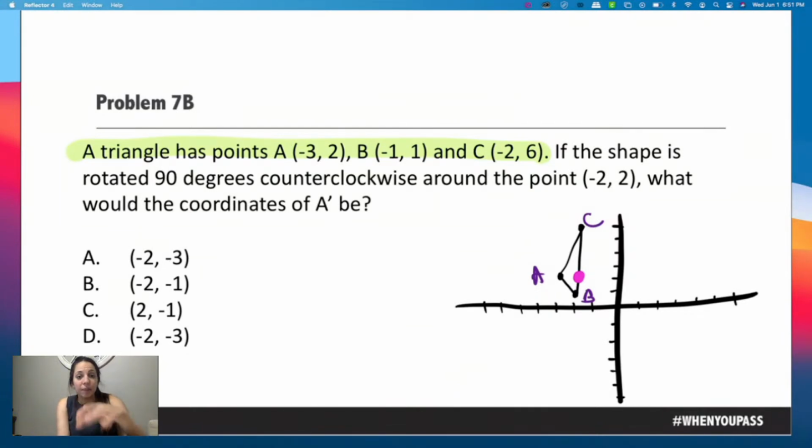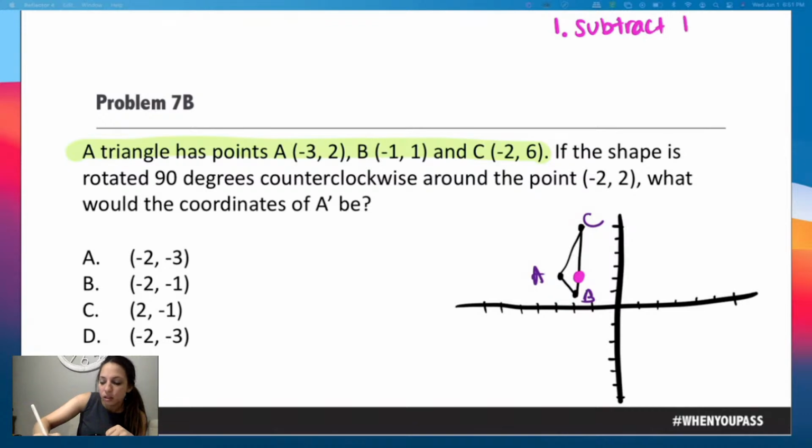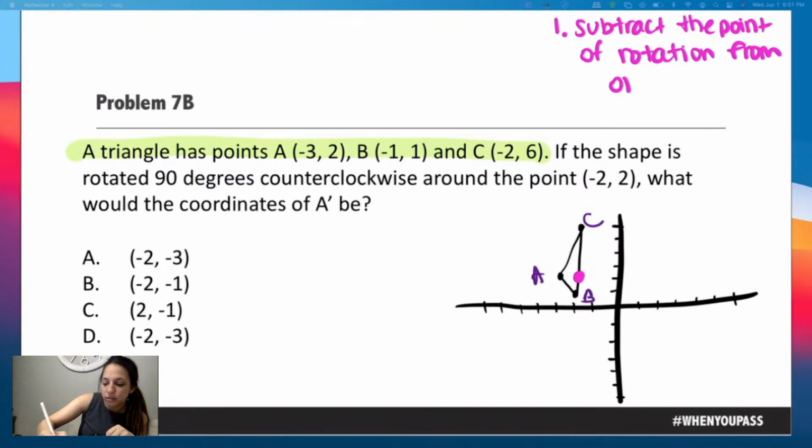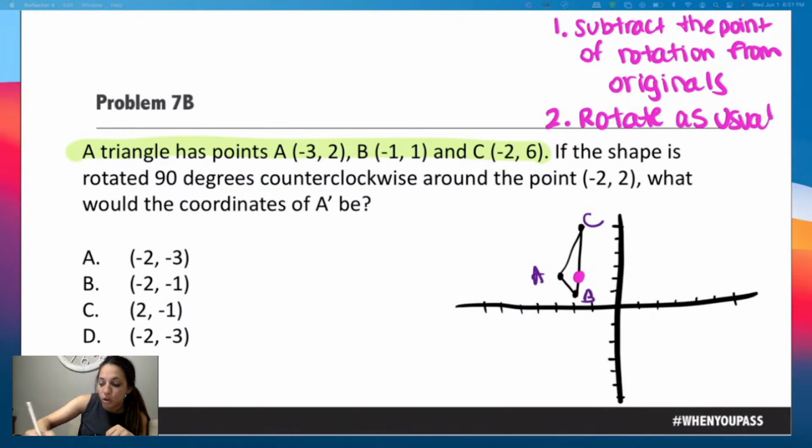This one gets tricky. Now, when we are rotating around a point that is not the origin, here's your steps. 1, subtract the point of rotation from your original coordinates. 2, rotate as usual, like you would around the origin.